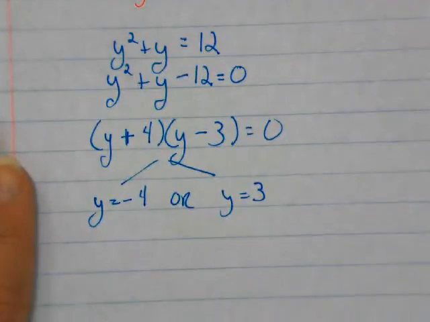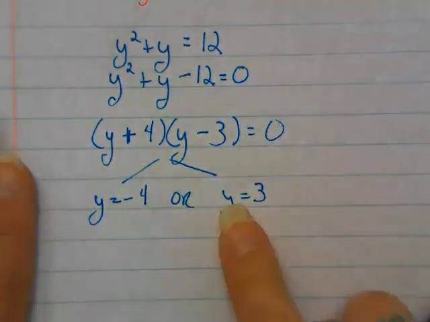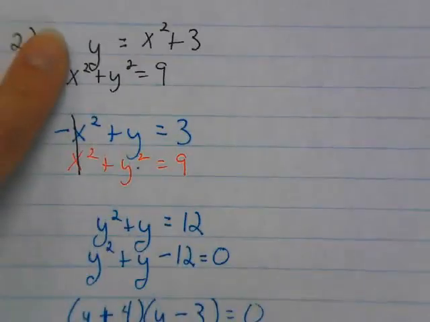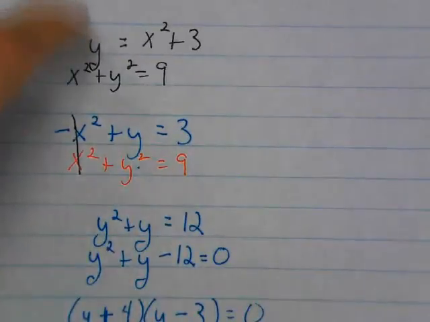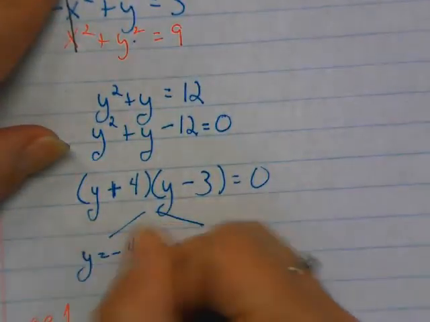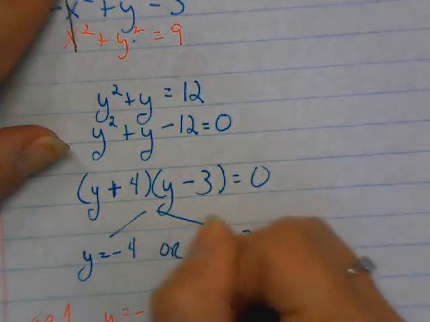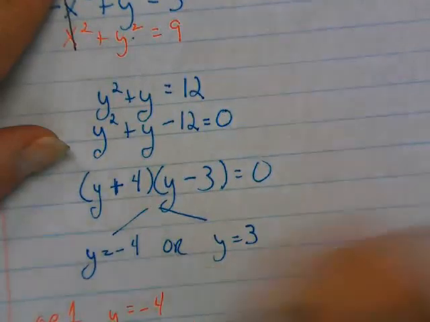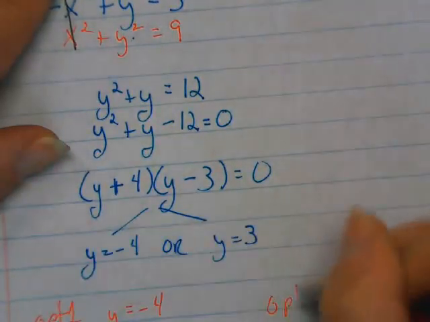Okay, now we're ready to take these and substitute them back into either of these equations. Alright, I think the top equation is easier, so that's the one I'm going to plug into. So, option 1, y is equal to negative 4. And I said I'm going to do y is equal to x squared plus 3. Option 2, y is equal to 3.